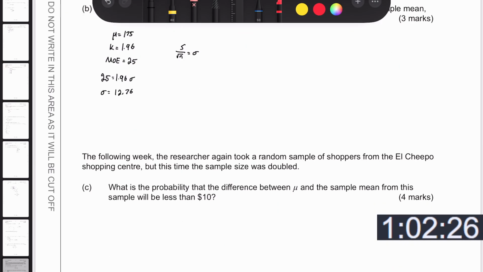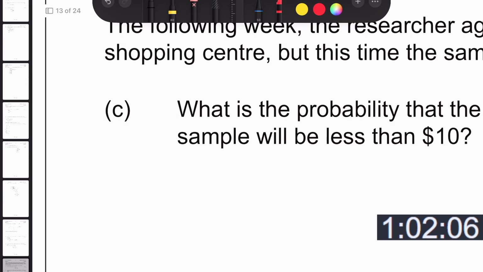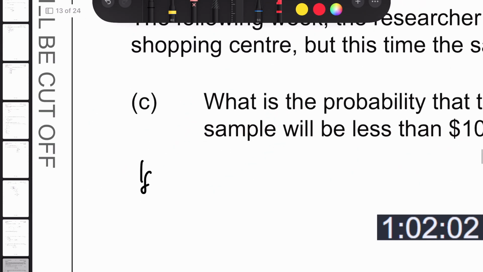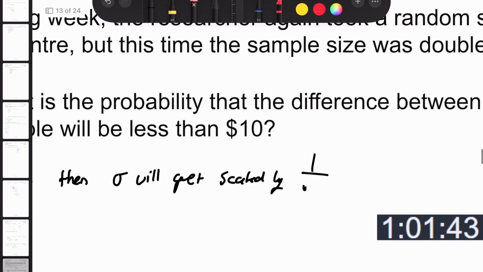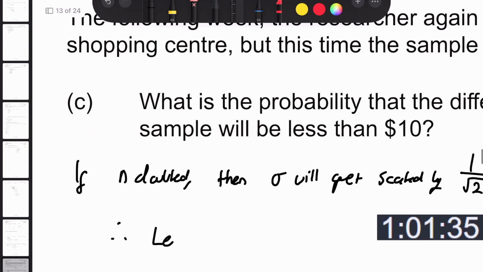The following week, the researcher again took a random sample of N shoppers from El Cheapo shopping center, but this time the sample size was doubled. What is the probability that the difference between mu and the sample mean from this will be less than $10? Okay, so sample size doubled. Then my standard deviation will get scaled by 1 on square root of 2. Mu will equal 175 still.